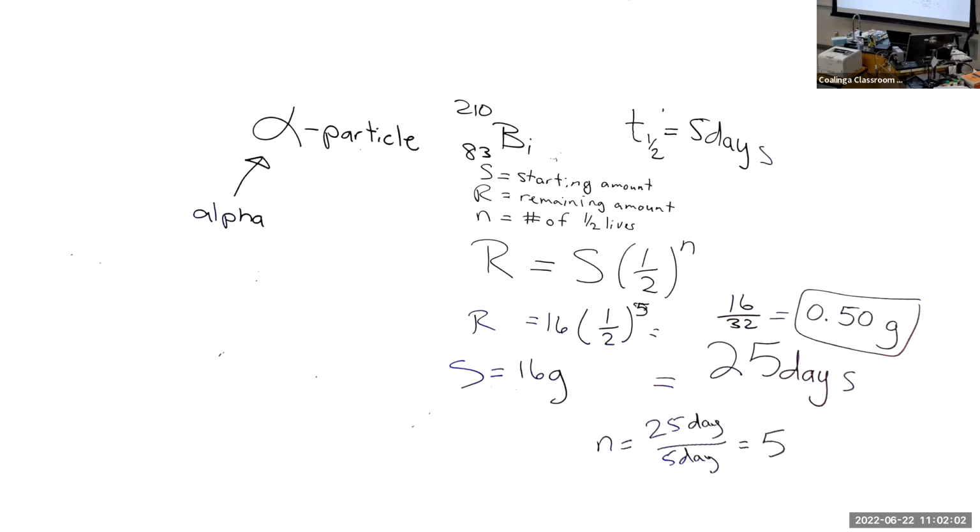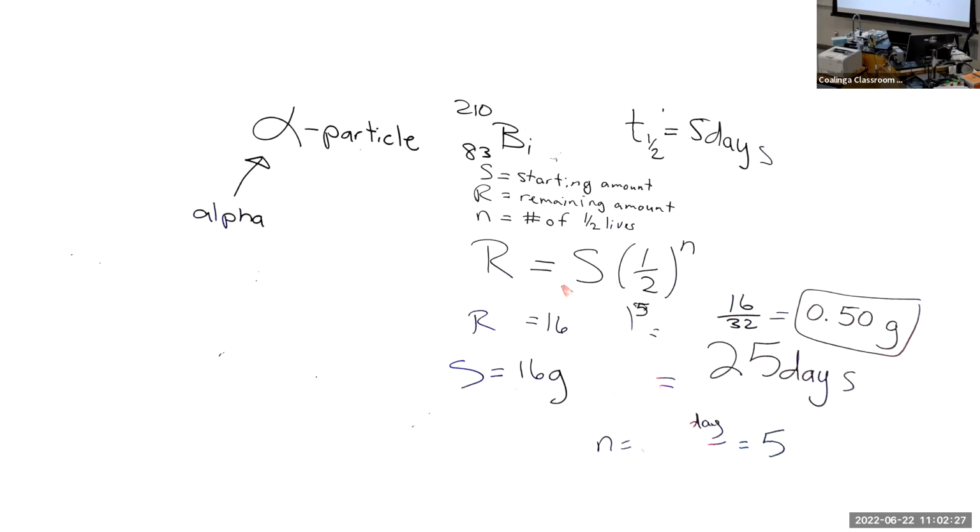Okay, so that's how we would calculate the half-life. I mean, the amount that we remain. So typically half-lives are going to be given to you, but if they tell you, okay, you ended up with this amount, and you started out with this amount, right?